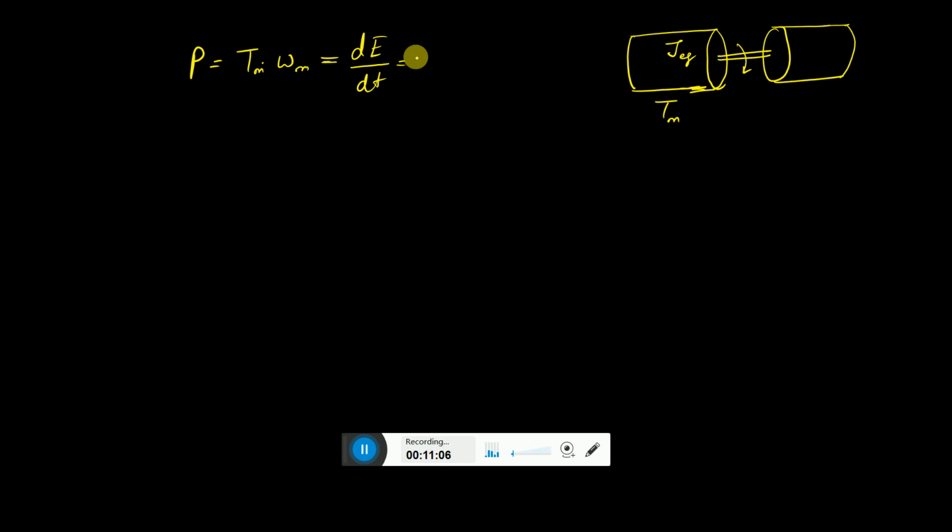So the total energy can be given as half J equivalent omega m square. This can be given in terms of the total torque. Because there is an electromagnetic torque Tm and also a torque called TL, the load torque, and the electromagnetic torque is clockwise, the load torque will be anti-clockwise. So instead of writing Tm, I will be writing Tm minus TL.